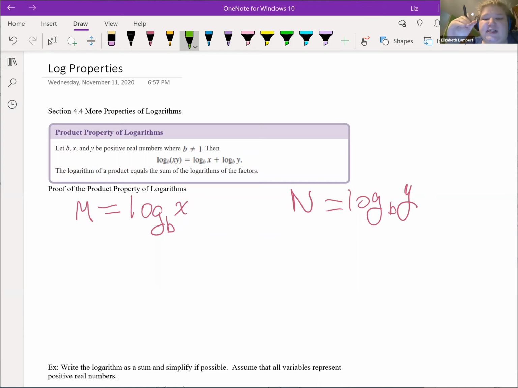So these are processes that we can apply that preserve equality. So if I take the log of both sides of an equation, as long as everything's positive, that is always a caveat on logs, just like with square roots, everything has to be positive, then the resulting equation is also equivalent.